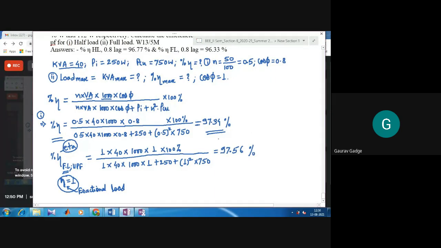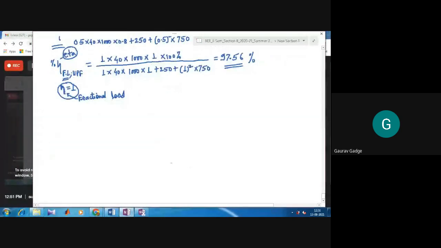How much is the increase in the efficiency? Not much, just 0.22%. So efficiency is not increasing much. This is another way of getting the efficiency, if it is asked for full load and unity power factor. Now let us check another point which we have to calculate. The second quantity: they said to calculate kVA max.